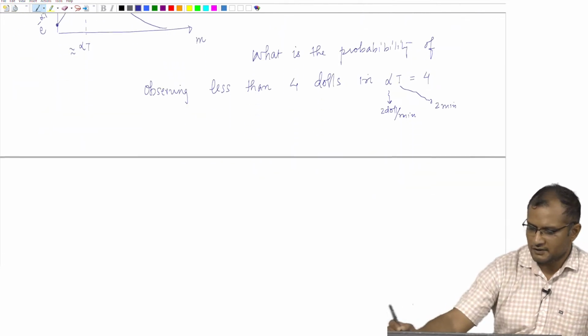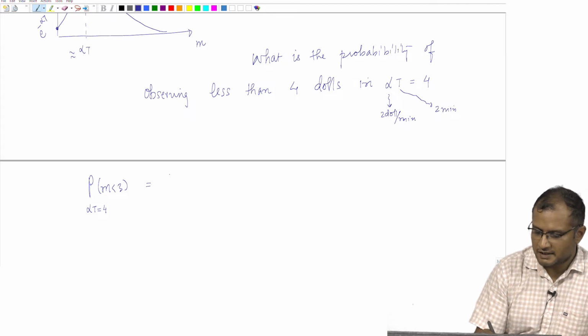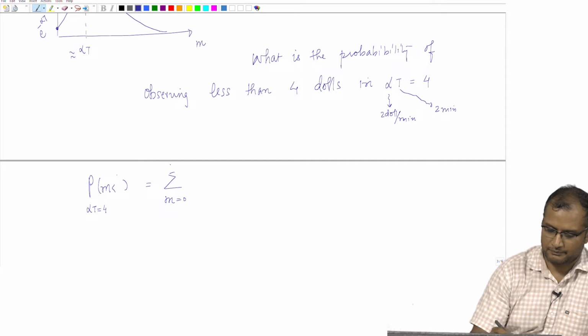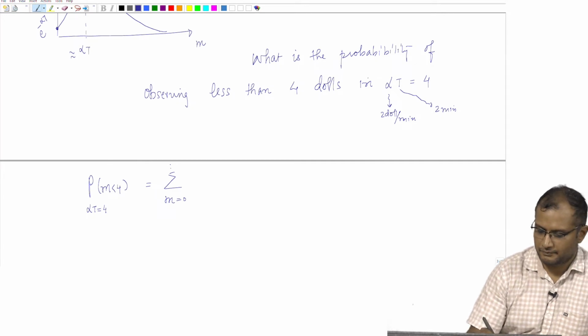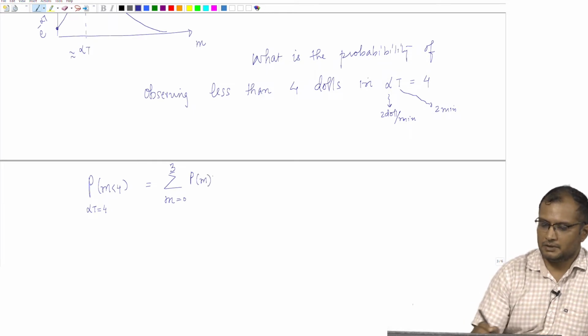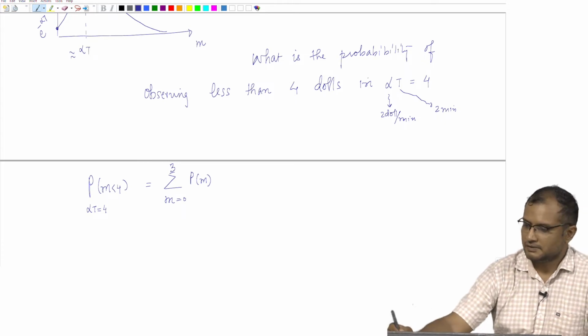So, the probability of seeing less than 4 dolls when the average number of dolls that you were expecting to see was 4 is basically the sum over all the values 0 to 3, correct. So, you can compute P 0, P 1, P 2 and P 3 and that should be the answer.